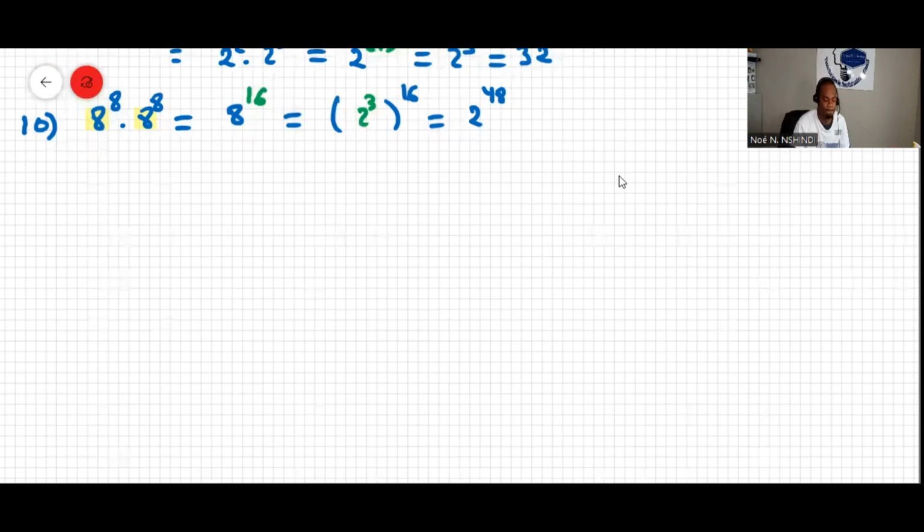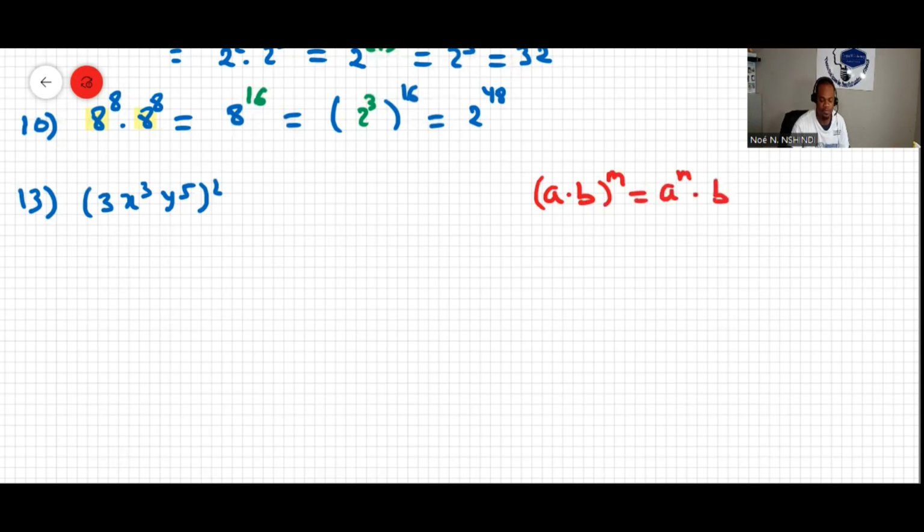Question 13 is (3x to the power of 3, y to the power of 5) raised to the power of 2. Now we wrote the law of exponents that says (a times b) to the power of m is equal to a to the m multiplied by b to the m.